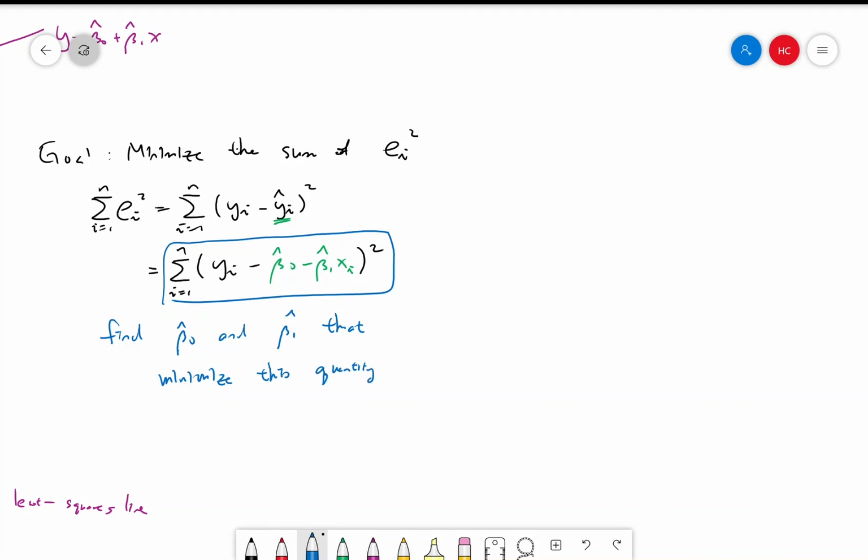There's some calculus involved. I'm not going to go into all the grand details, but the idea is that there's only one process.